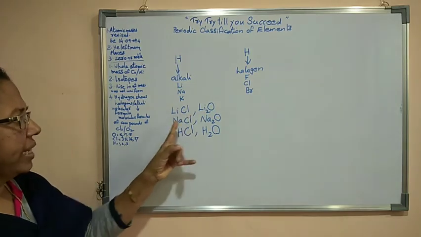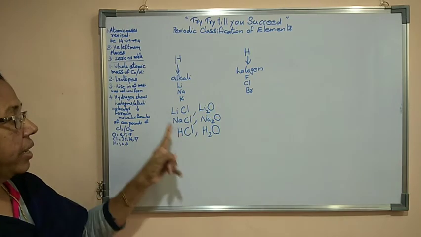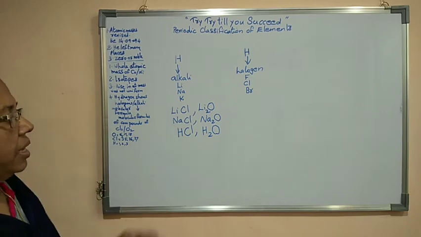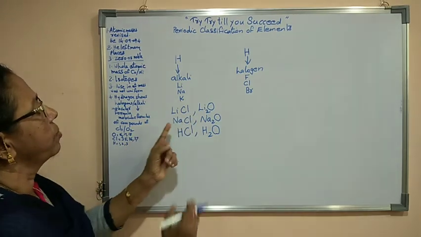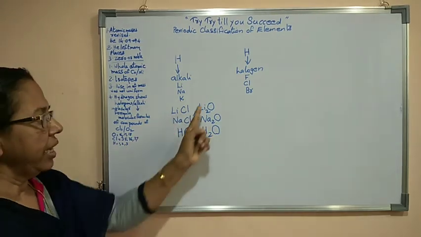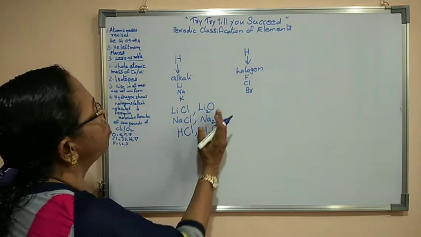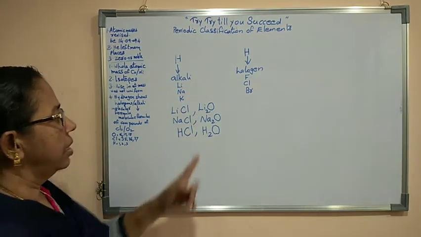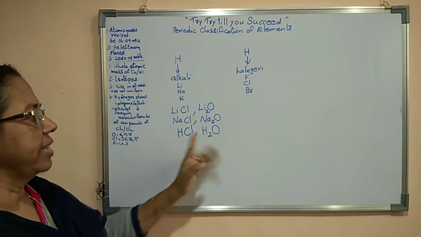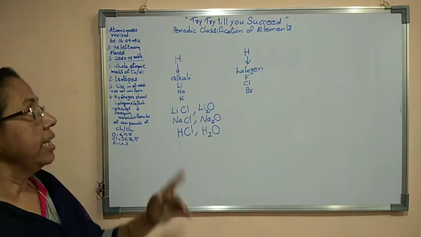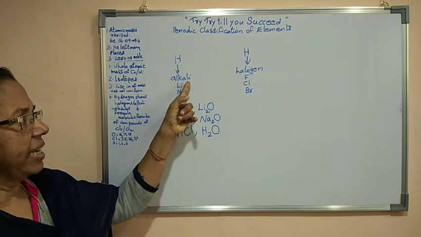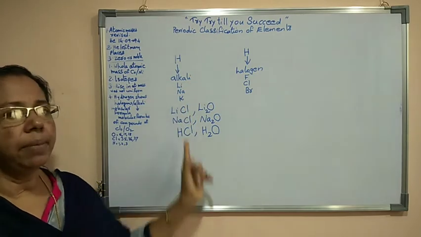Here lithium chloride, sodium chloride, hydrogen chloride are all alike. With oxygen, the compound formation with lithium, sodium and hydrogen is the same. So we can say that hydrogen shows the same character as alkali metals.